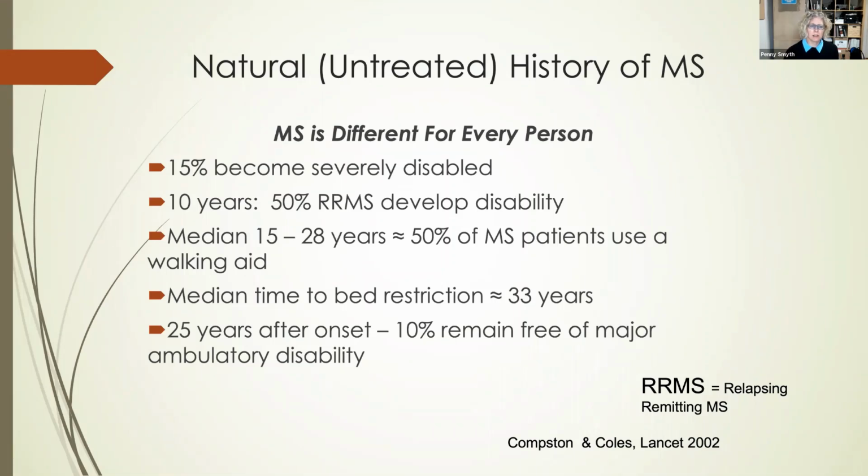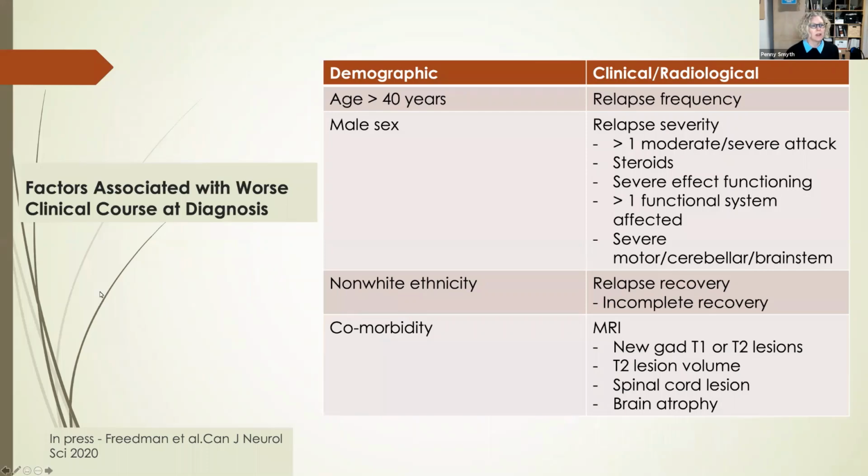Remember, I told you that's when most people are diagnosed with their MS, and that means that they can't work, that they can't contribute to their family. There are some factors associated with a worse clinical course at diagnosis, and this was recently published in our Canadian treatment guidelines, I think last week.